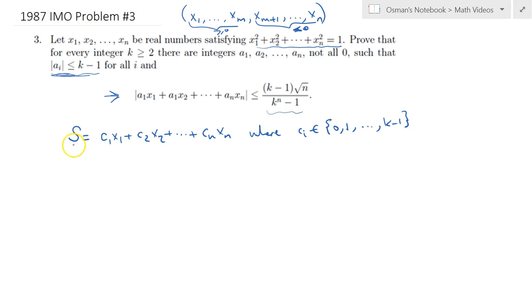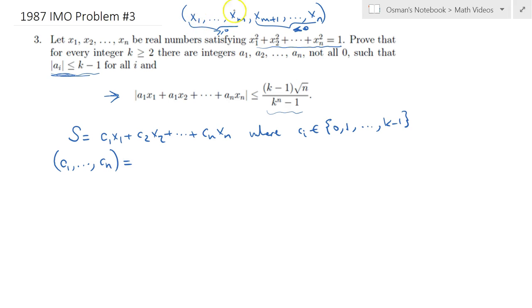I would like to see under what conditions the values of s will be minimized and maximized. I claim that s will be minimized when we pick the sequence c sub 1 through c sub n in the following sense.